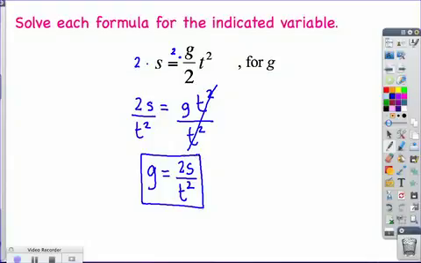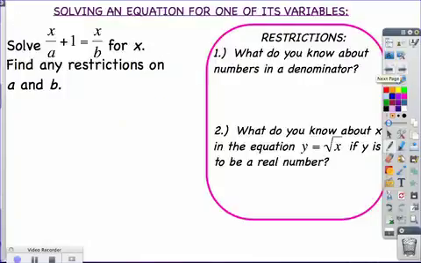Since here the A's cancel out, I'm left with BX. 1 times AB is AB. And here the b's cancel out, so I'm left with ax.